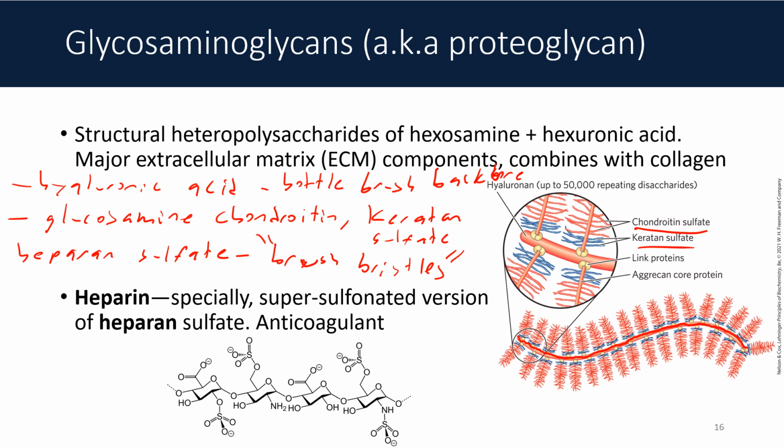Now, both the hyaluronic acid backbone and the bristles protruding from it, they all consist of repeating disaccharides of these two sugars, hexosamine alternating with hexuronic acid. What distinguishes the bristles from the backbone is that these bristle polymers over here contain sulfates.